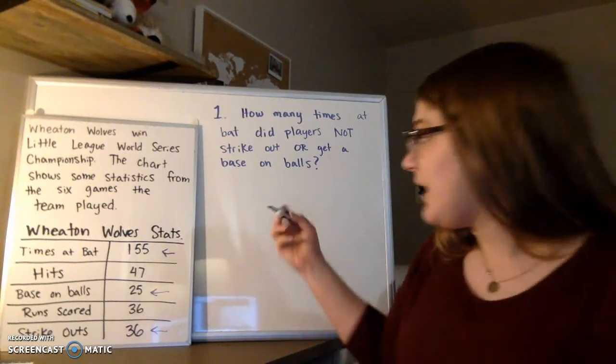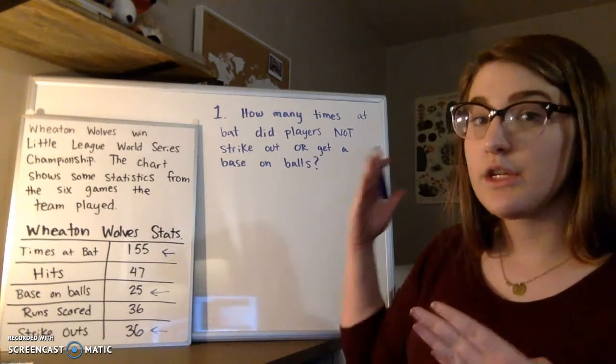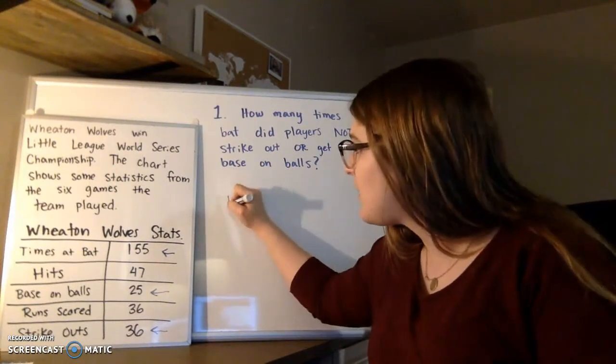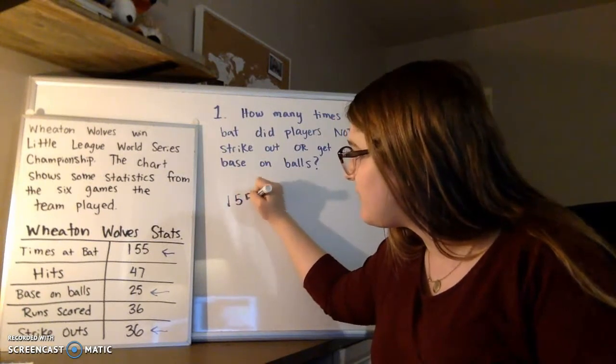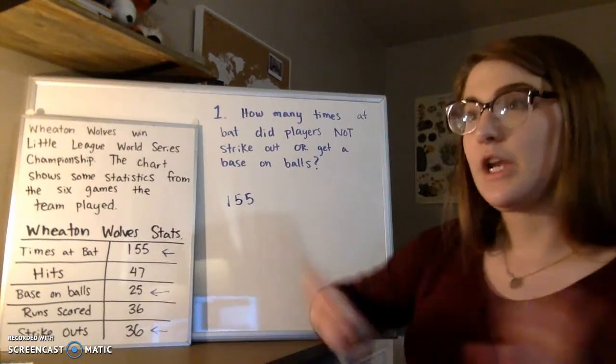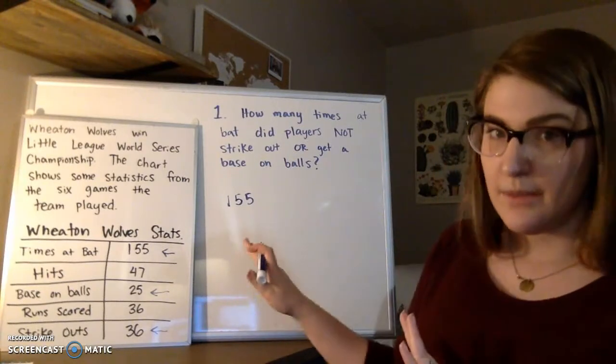So it seems to me like we're going to start with the total number of times at bat. So we're going to start with 155 times at bat. Now we want to know how many times they did not strike out and not get a base on balls.